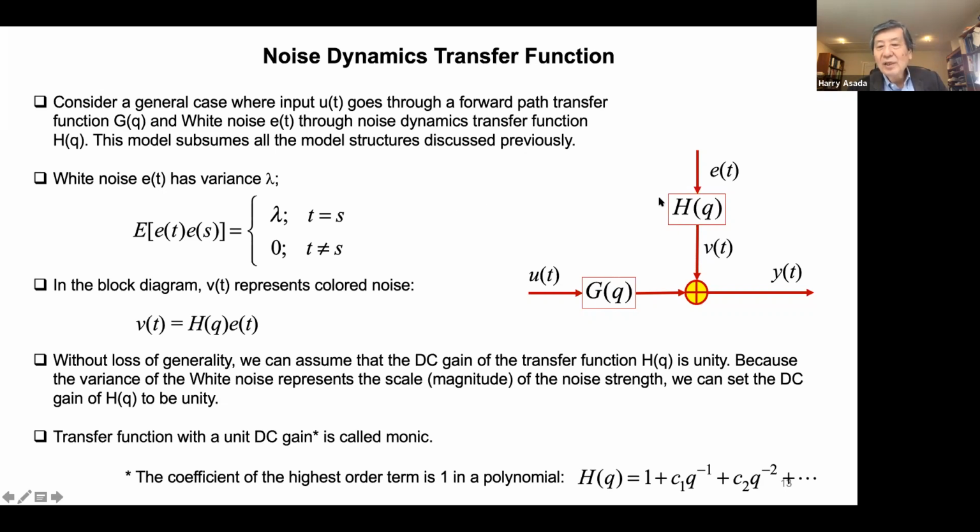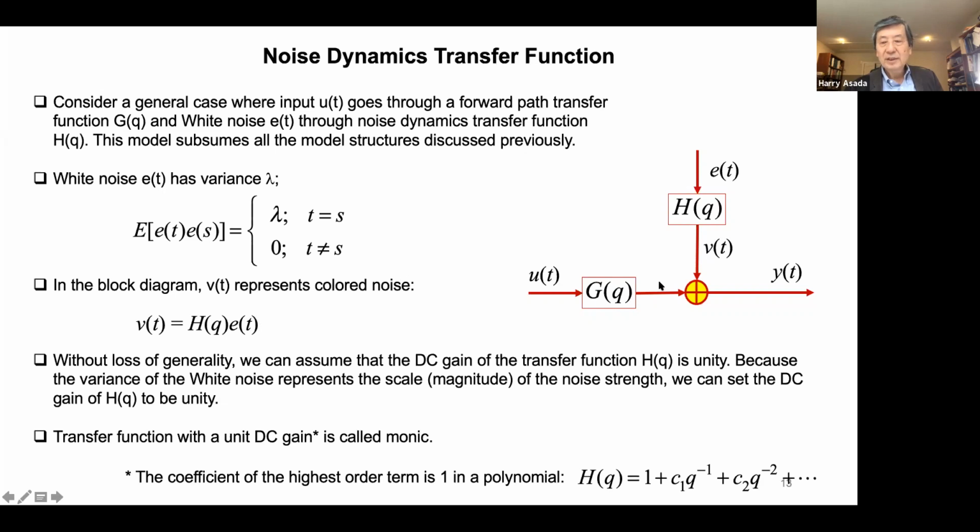First, we assume this kind of dynamic process, HQ, and EQ and HQ, right? So that is added to this. First of all, we assume this ET to be white noise with the variance lambda. So lambda is the strength of the original white random process, right?